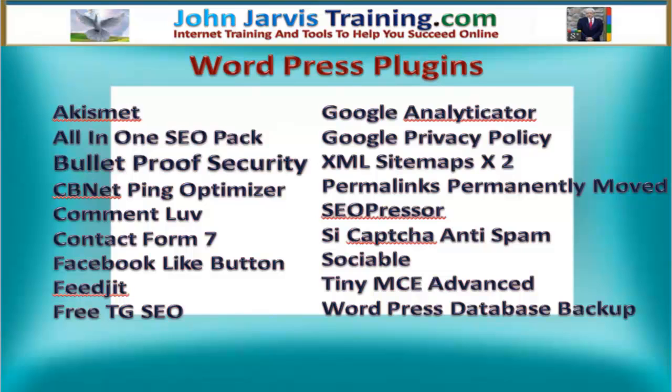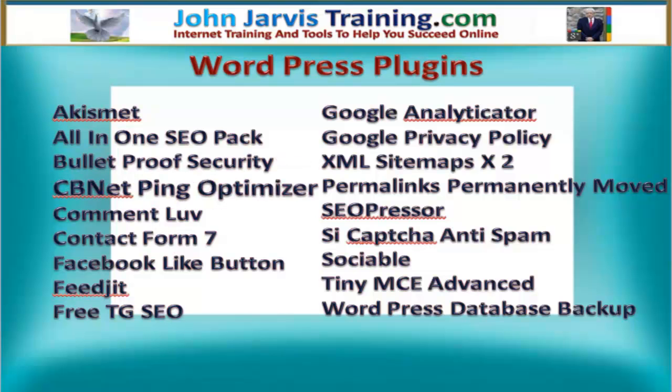The Bulletproof Security plugin actually stops hackers from getting inside of our website, and I consider this to be one of the most important. The CBNet Ping Optimizer plugin used to be very important, but WordPress handles what it used to do by itself. So it automatically installs itself, but it's one that we don't actually need.